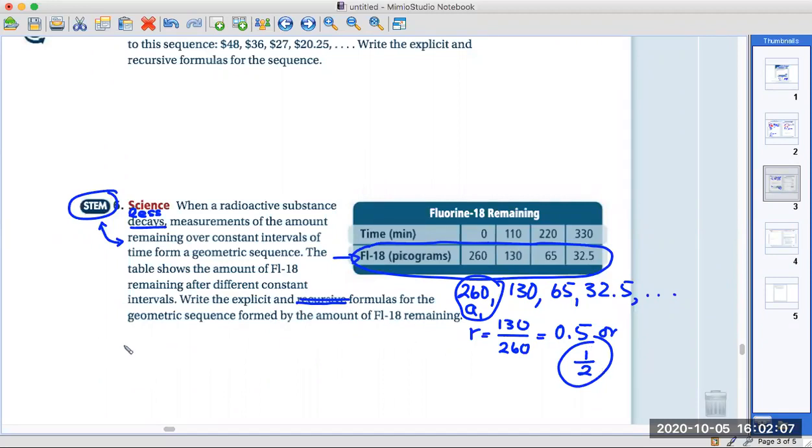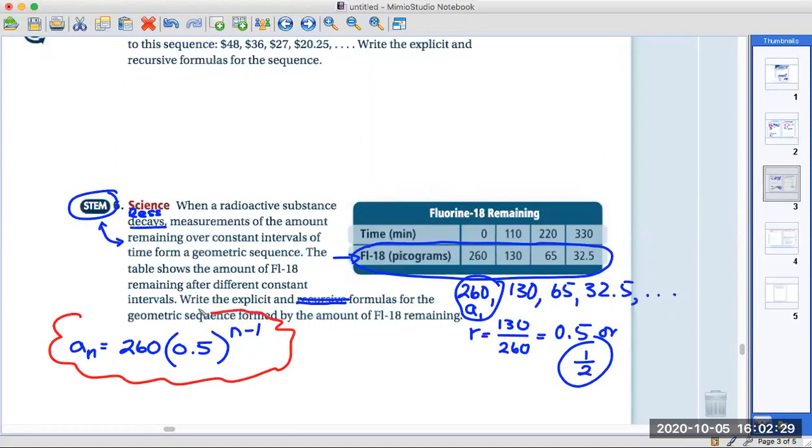So here's our explicit formula. 260 times, if you want, use 0.5 to the power of n minus 1, always to the power of n minus 1. That's it. That's all they want. They didn't make it hard. They didn't ask how much is remaining after such and such time. They only want the formula.